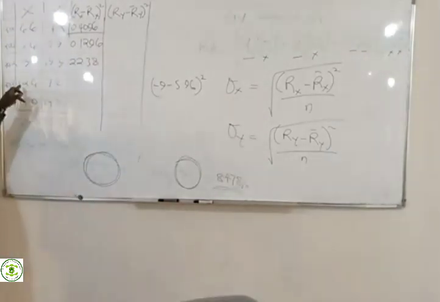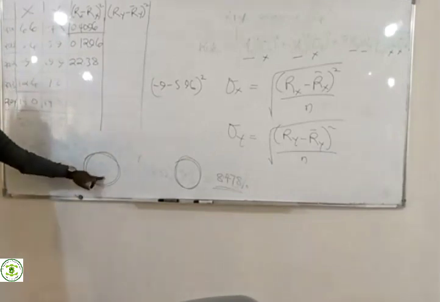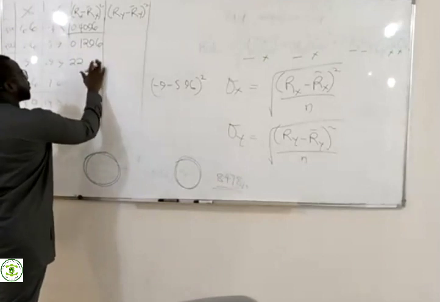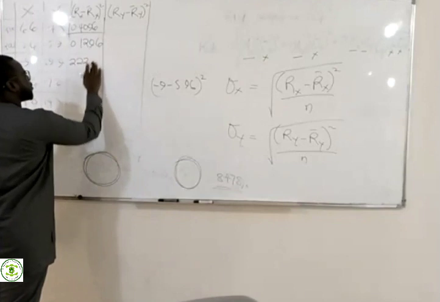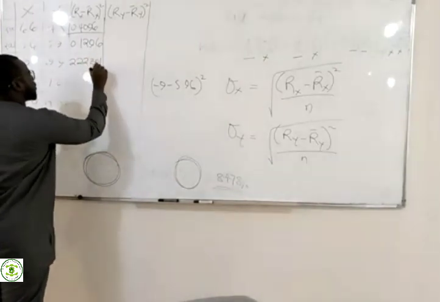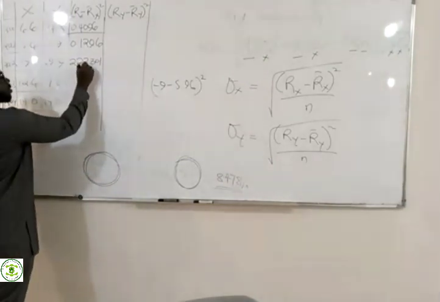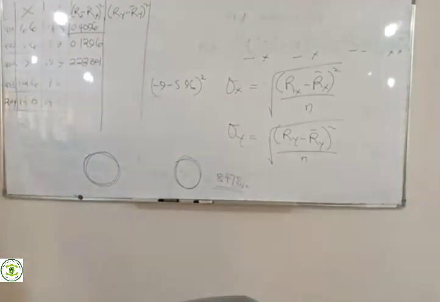Okay. So here will be 12.6 minus 5.96, raised to the power 2. Someone here almost misled us.